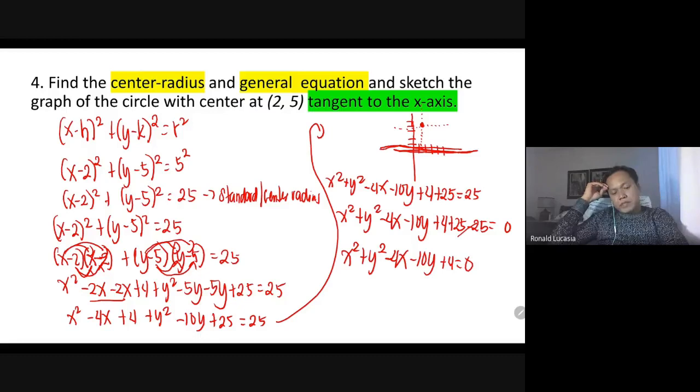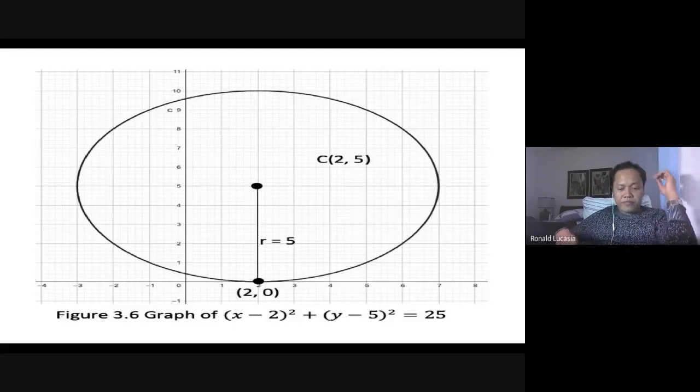That's the equation of the circle with center at (2, 5), tangent to the x-axis: x squared plus y squared minus 4x minus 10y plus 4 is equal to 0. When we graph that, that's 1.